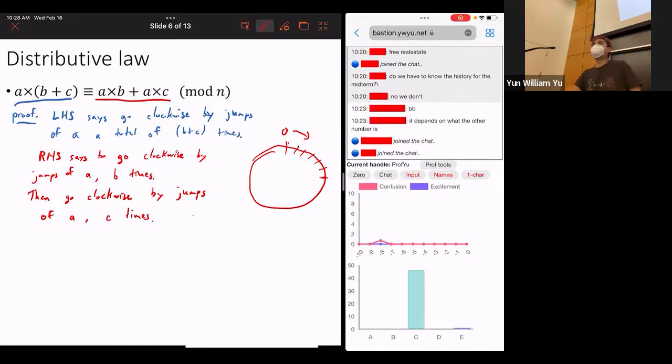Okay, so really it's the same thing. So it's either you go b plus c jumps of a, or you go b jumps of a and then you go c jumps of a. And so clearly the distributive property still holds here.